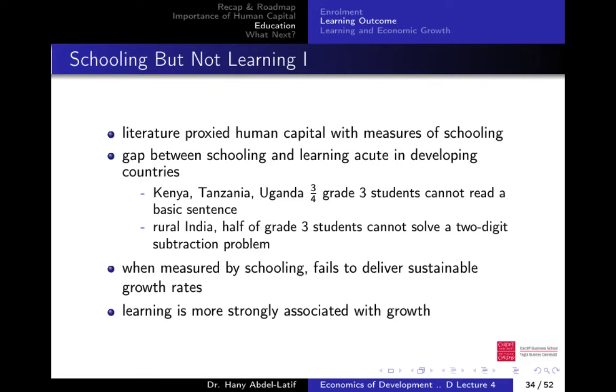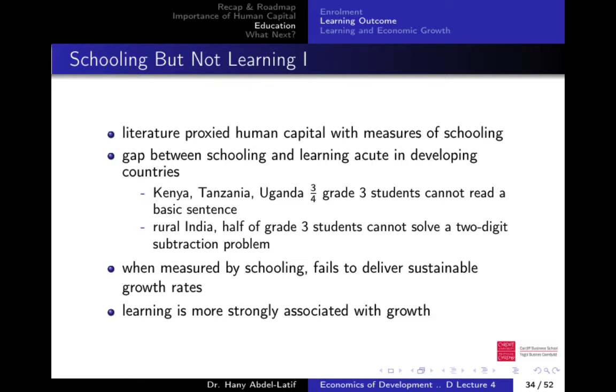I'm bringing a few examples here. In some African countries, Kenya, Tanzania, Uganda, three-quarters of grade 3 students cannot read a basic sentence. In rural India, half of grade 3 students cannot solve a 2-digit subtraction problem.